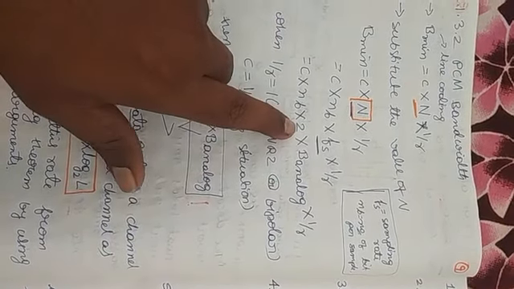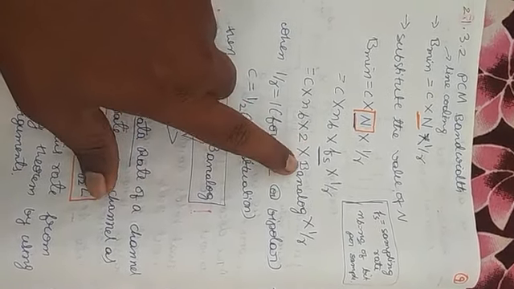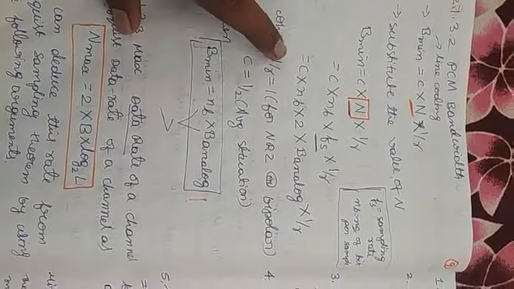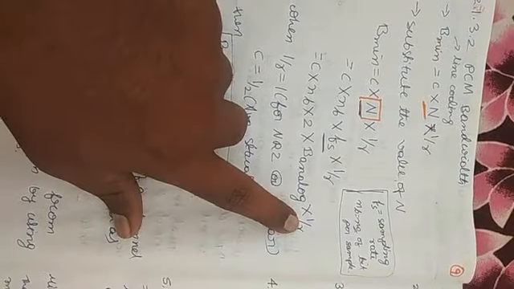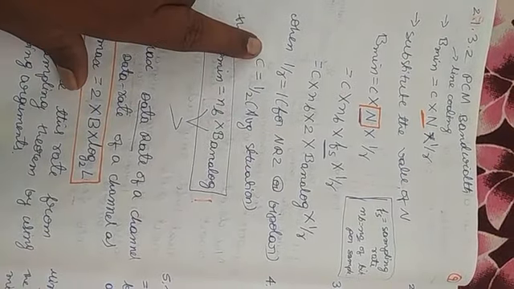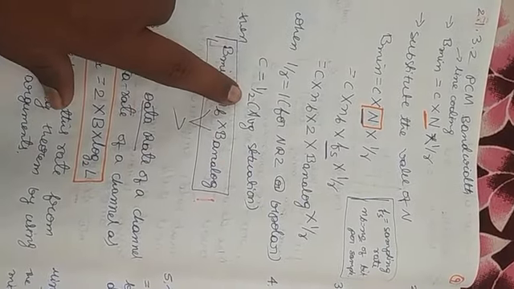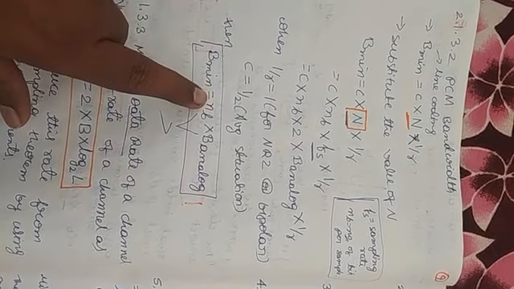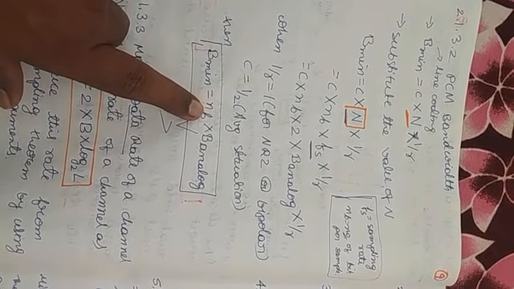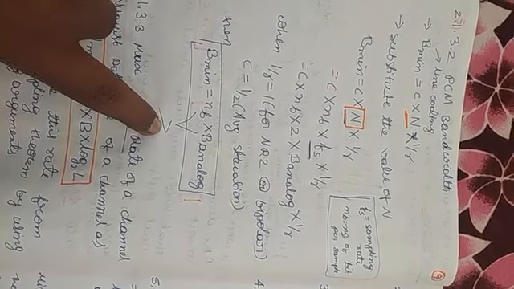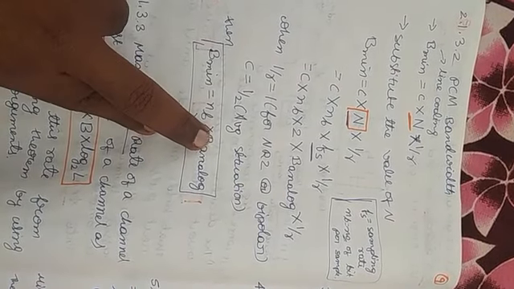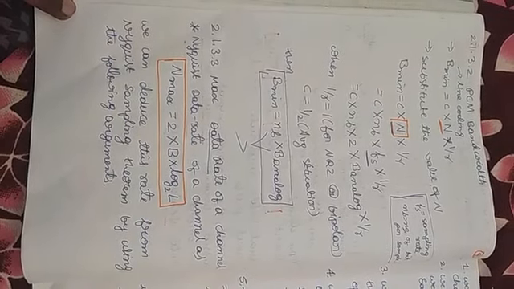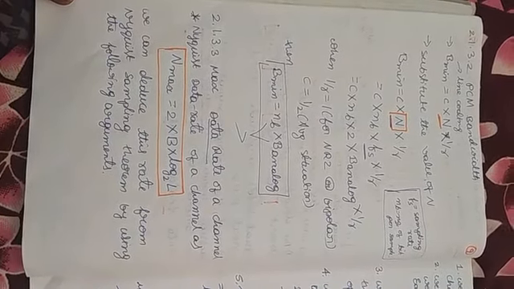Fs is 2 times the bandwidth of the analog signal, and the value of R is 1 and C is 1 by 2. Then at last we get minimum bandwidth equal to number of bits per sample times bandwidth of analog signal.